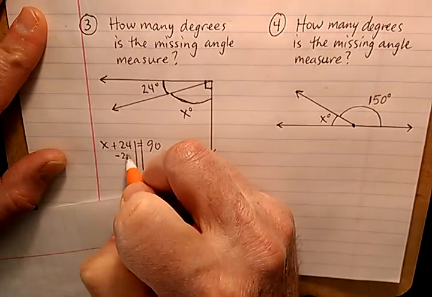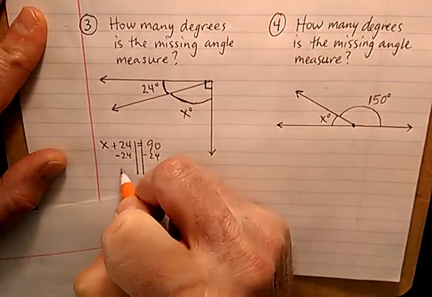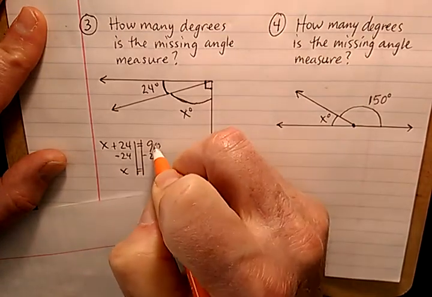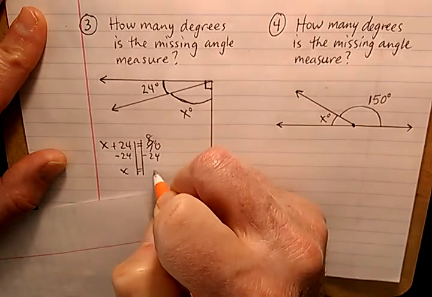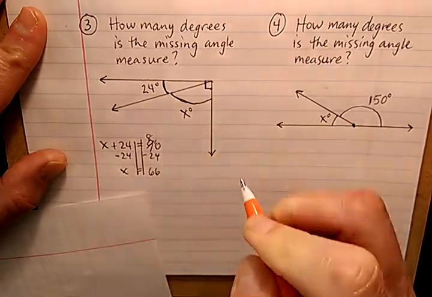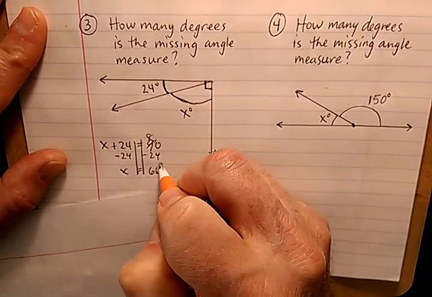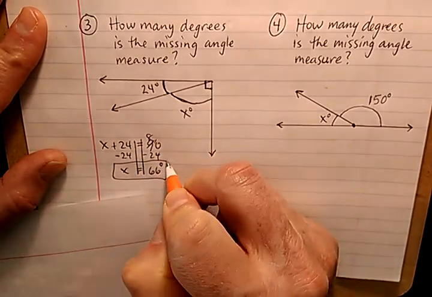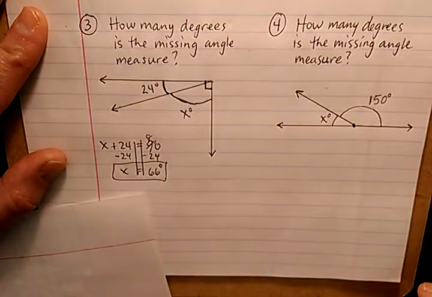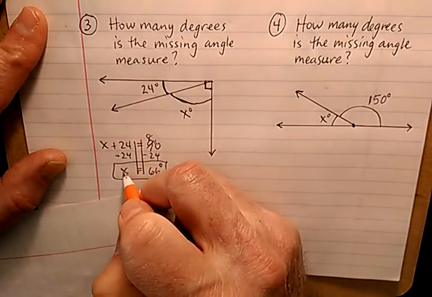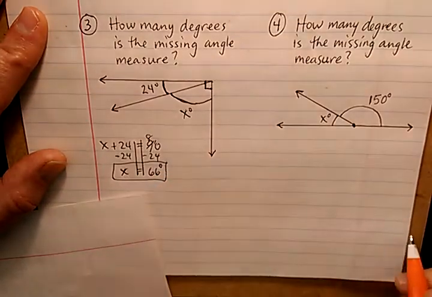We take away 24 from both sides. So x equals 66. X equals 66 degrees. Did you get that answer? If you did, you're correct.